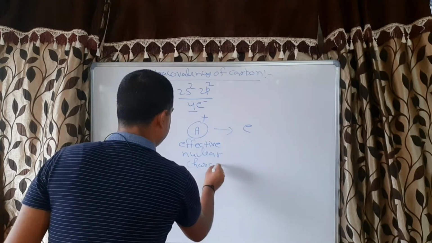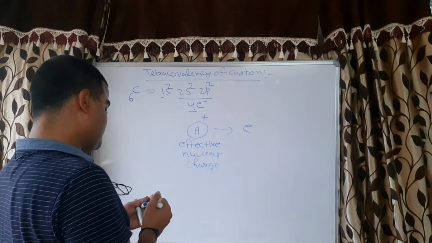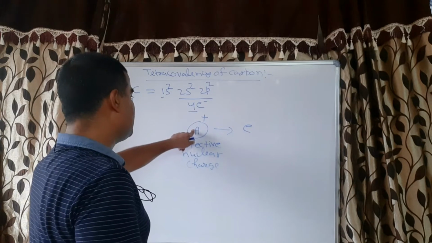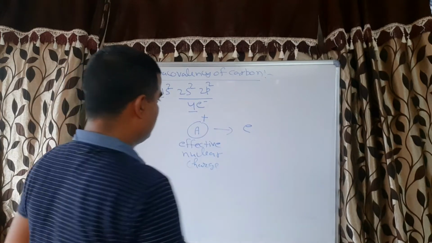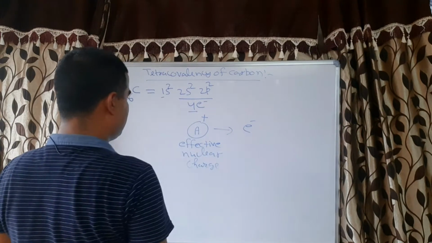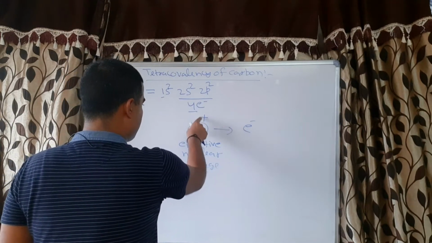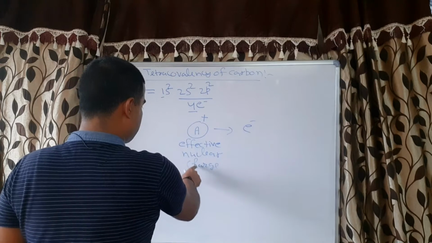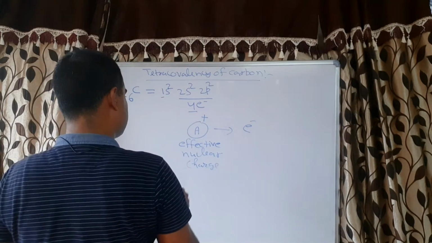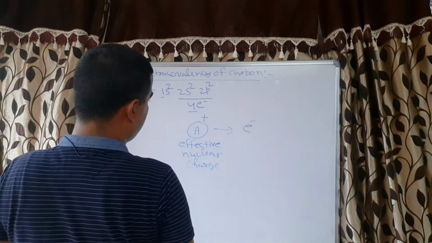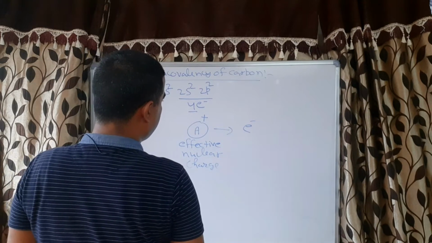Now if this atom releases 1 more electron, what will happen? Because of this more effective nuclear charge, it will try to pull back. Correct or not? So it will be difficult for the second electron to be removed.